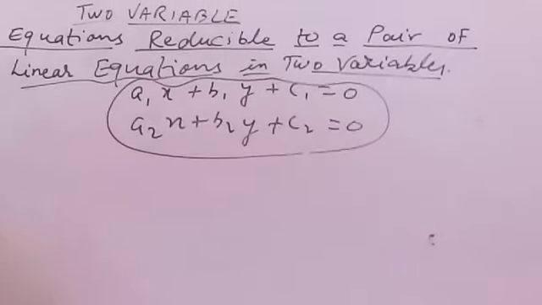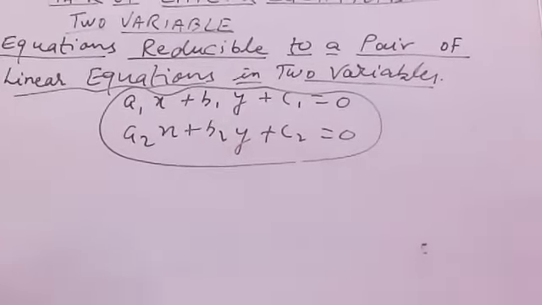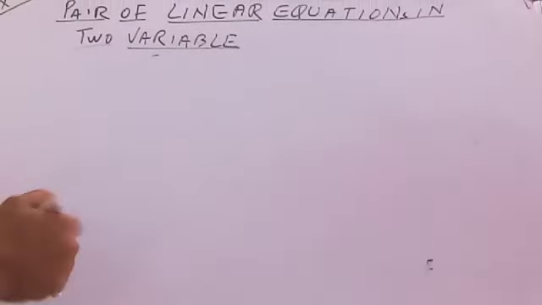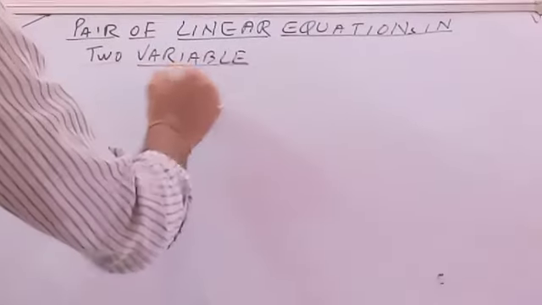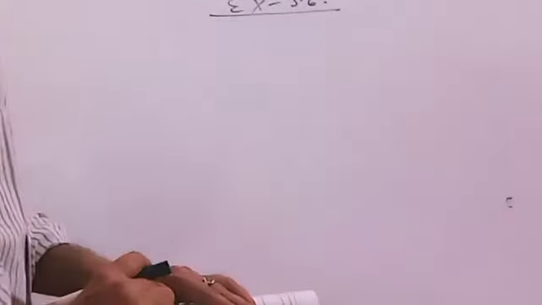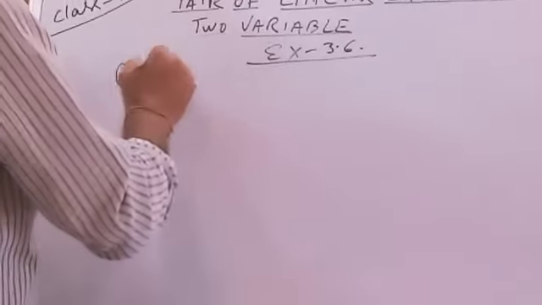Let us see a few questions. I am just giving you examples so you understand what the topic is and how to do the questions of exercise 3.6. I am dealing with question number 1, second part.